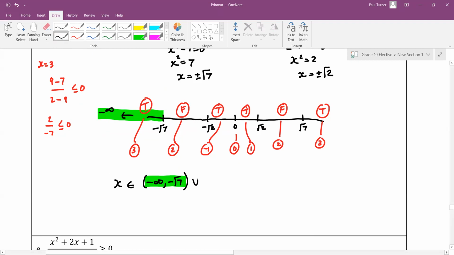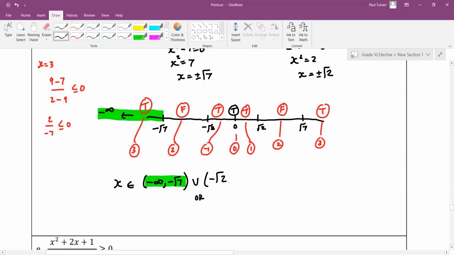So we'll go union, or, remember union is or. Then we'll go up to 0, but we don't include 0 here. Oh, 0 can be included. Sorry, 0 is true. I missed that. So actually go for minus root 2, not root 3. Let's fix that. It looks like root 3, doesn't it?